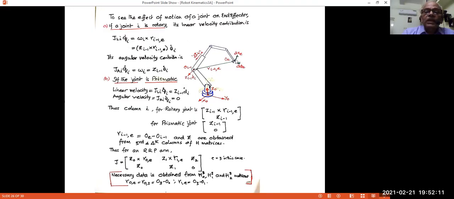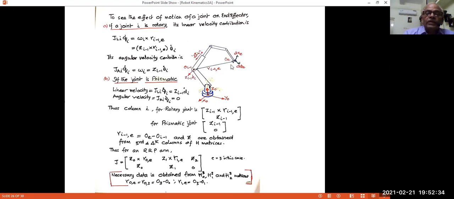That is the linear velocity at the endpoint due to an angular velocity at this joint, omega cross r, and that r happens to be this vector minus this vector. So that is O_end minus O_(i-1).